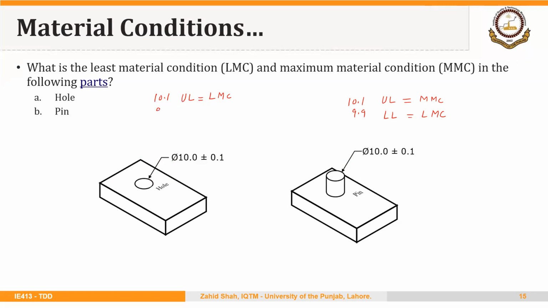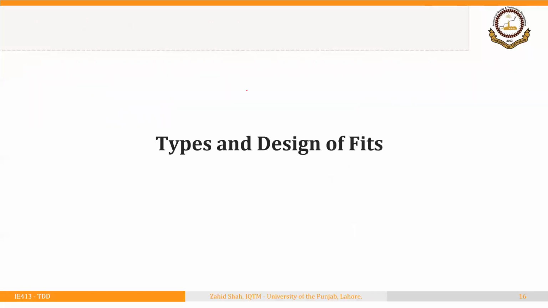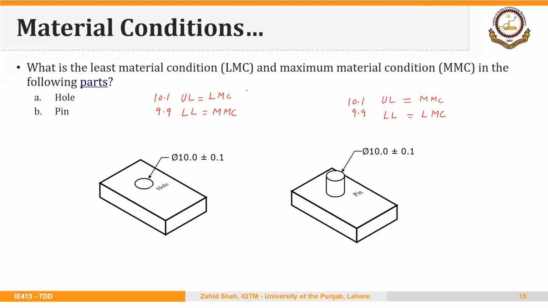And when the hole is made the smallest, that is at its lower limit, that will be the maximum material condition in this case. So these concepts are central and we will use them in the design of fits as well as in the design of limit gauges. So the concept of limits, the concept of tolerance, the concept of two mating parts, and the concept of material condition. Thank you.